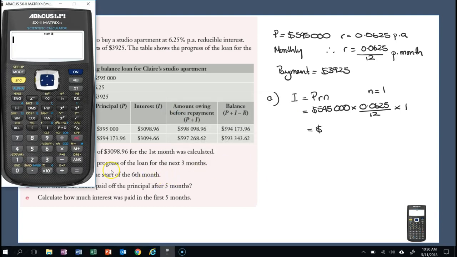Okay, let's do the calculation. You can see I've typed that into the calculator. Press equals, and we get 3098.958.